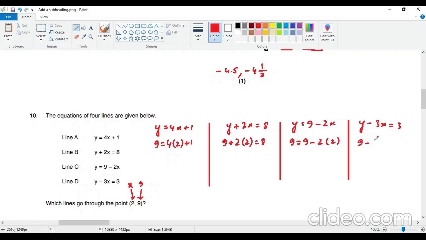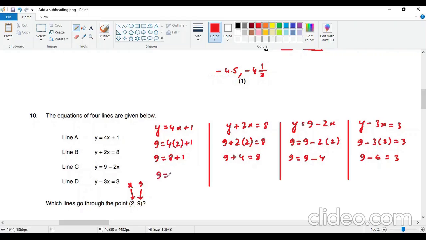Here it says 9 minus 3 times 2 equals 3. Now we do the calculations. This one says 9 equals 8 plus 1, 9 plus 4 equals 8, 9 equals 9 minus 4, and here it says 9 minus 6 equals 3.